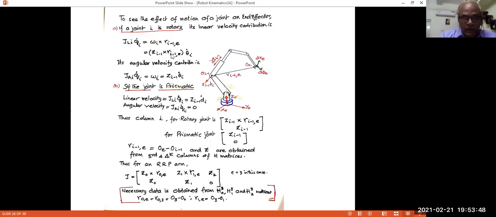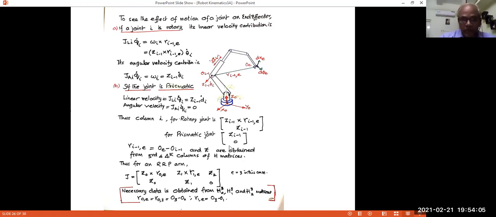So the two components you will have if it is a rotary joint are z_(i-1) cross r_(i-1,E) and z_(i-1). This will be the i-th column of the Jacobian if it is a rotary joint.